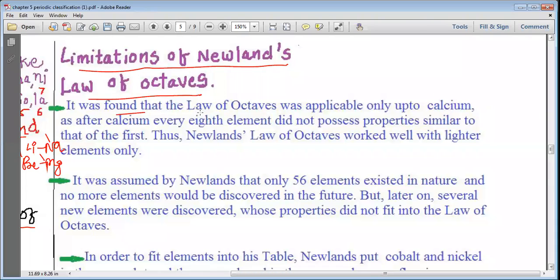It was found that the law of octave was applicable only up to calcium, and after calcium every eighth element did not possess the properties similar to that of the first.